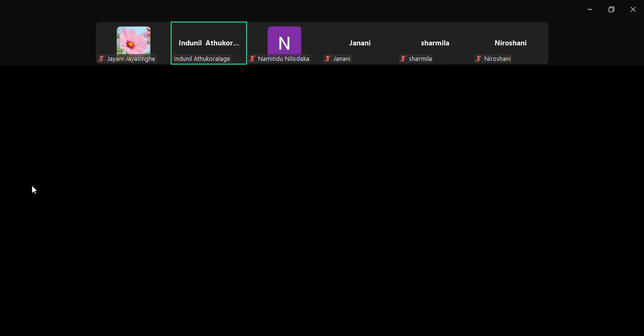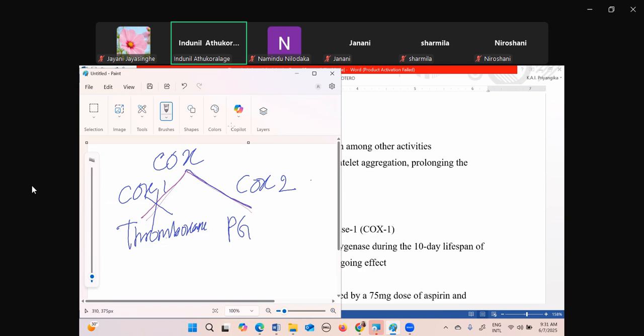When it inhibits COX-1, thromboxane A2 production will be inhibited, and therefore platelet aggregation also will not happen.